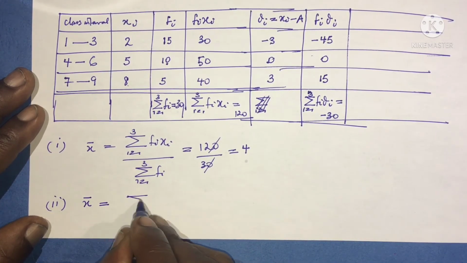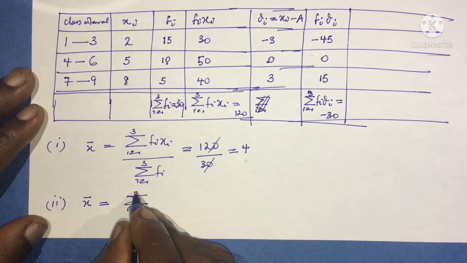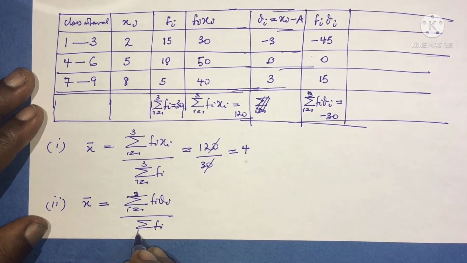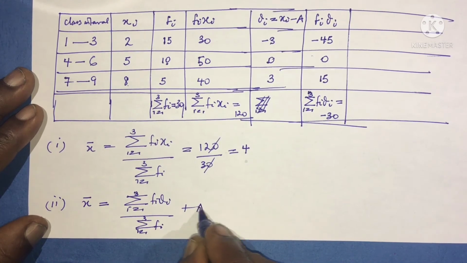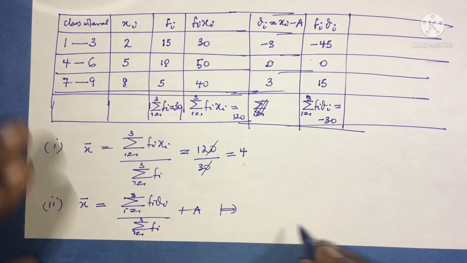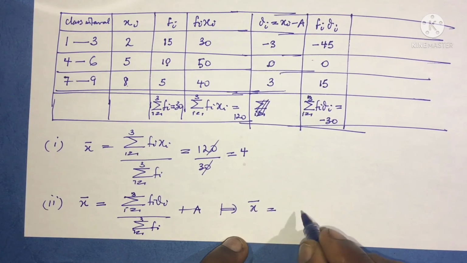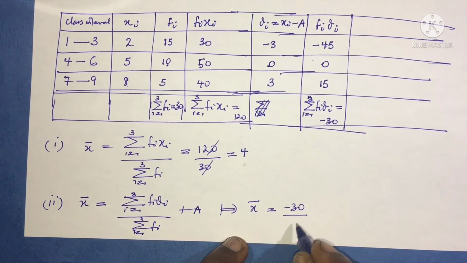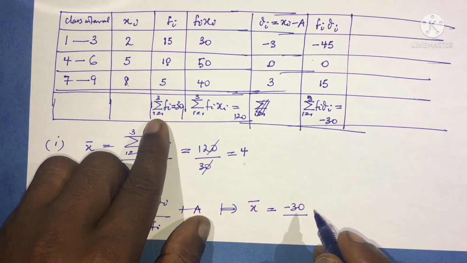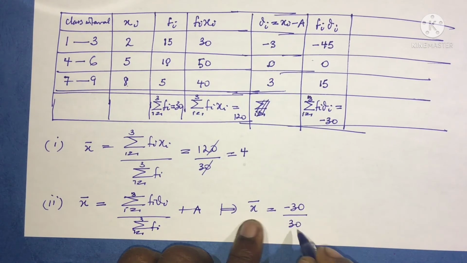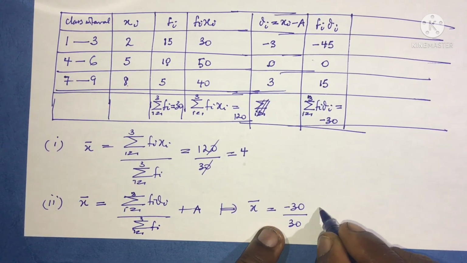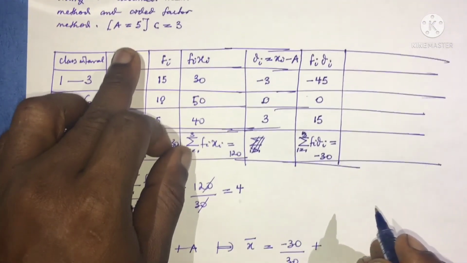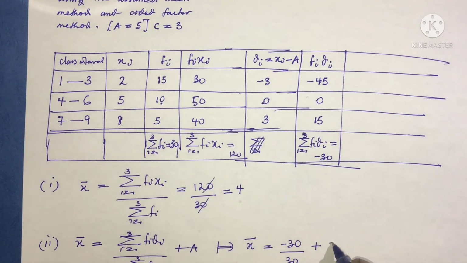We obtained that x bar is the summation from i equals 1 to n, in this case 3, of fi di, all over the summation of fi from i equals 1 to 3, plus A. So this would imply that x bar will give us summation fi di, which is minus 30, all over summation fi, which is 30, plus our A, and our A is 5.